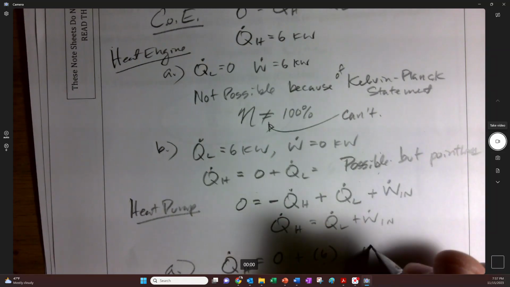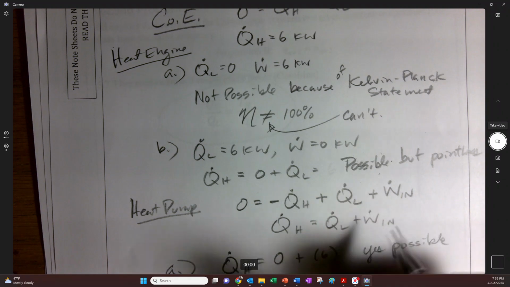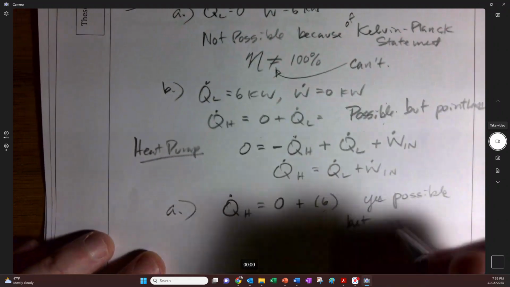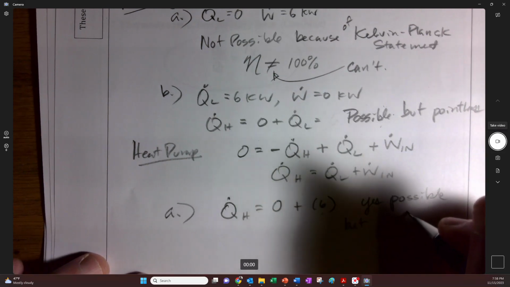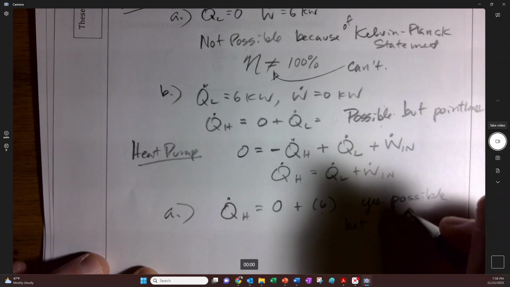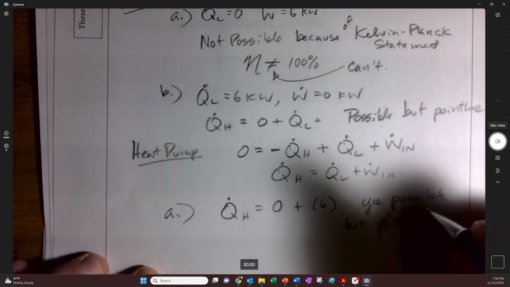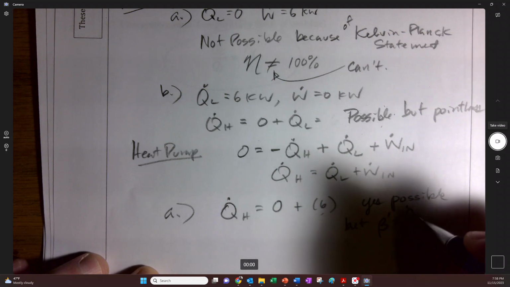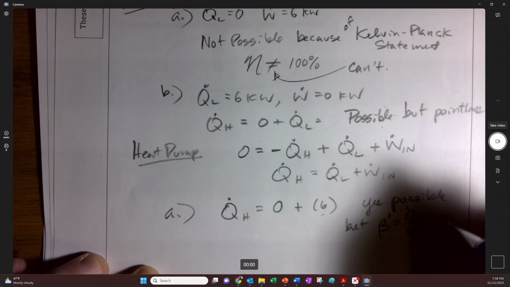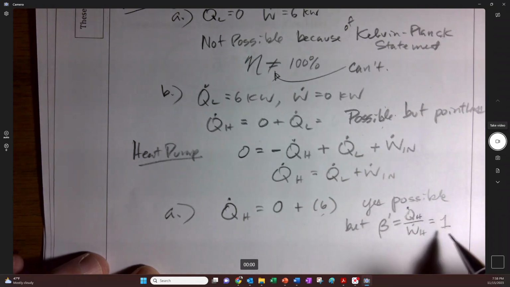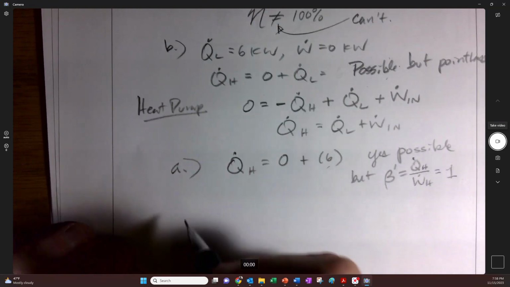So yes, possible, but the coefficient of performance, beta prime for the coefficient of performance of a heat pump, is QH over this, and it ends up equaling 1. So that's not a good coefficient of performance of a heat pump.